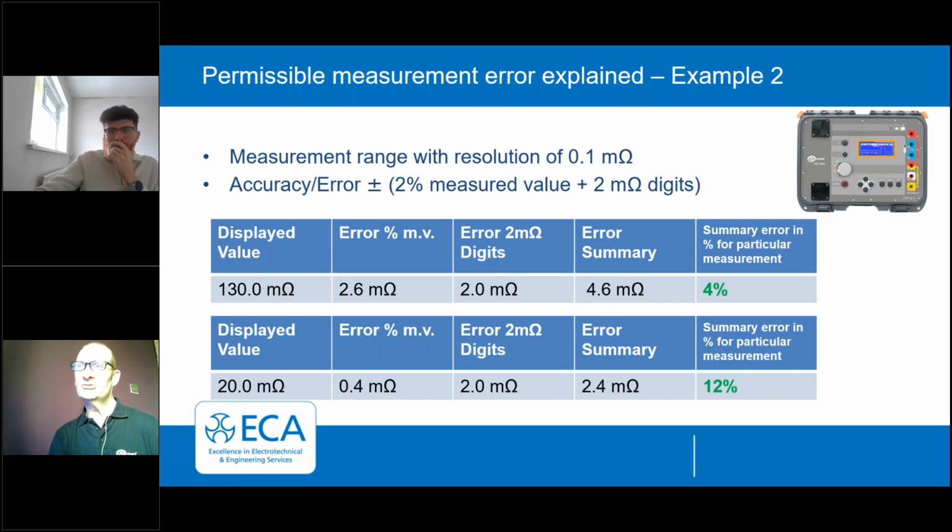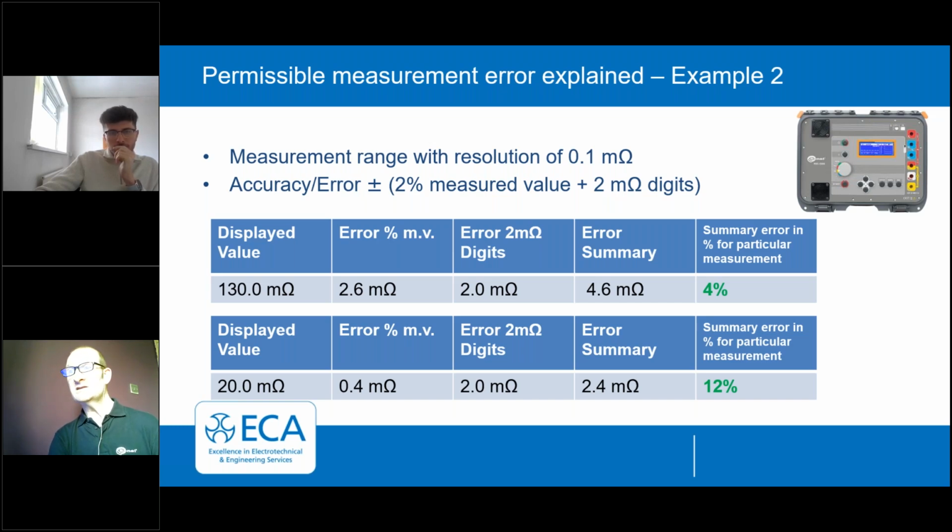So if we now look at 130 milliohm, we can see that the 2% value of that calculates out to be 2.6 milliohm. We add the fixed digit of 2 milliohm in this instance, which gives us a total error summary of 4.6. We divide that by 130, and we can see that this time we're getting a 4% value. So again, that's well within the 30%.